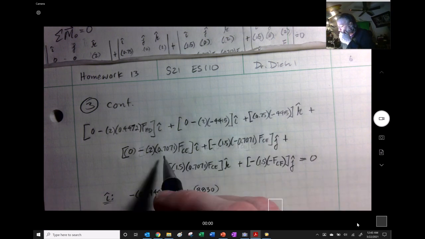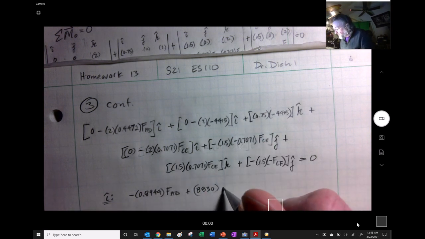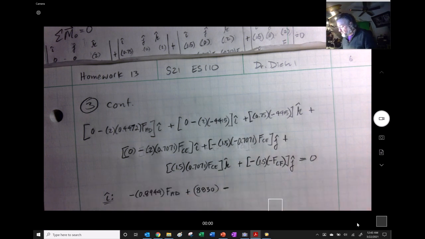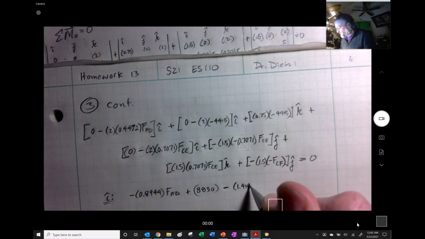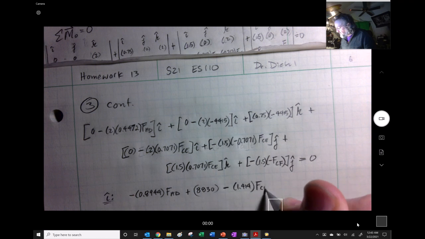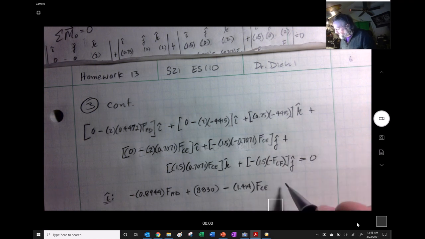More I's. Oh, we got this guy. Minus 2 times 0.7071. I should be able to do that, right? Negative 1.414 FCE. And that's it.